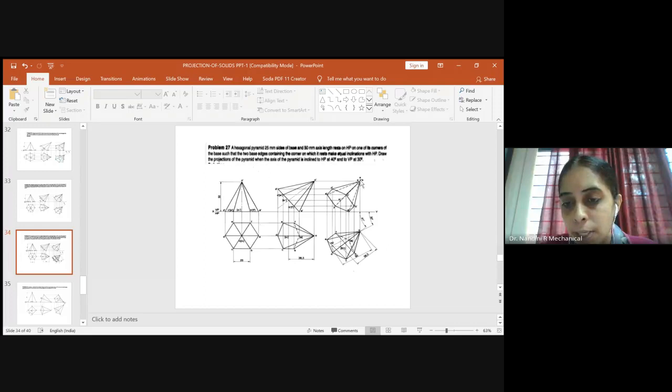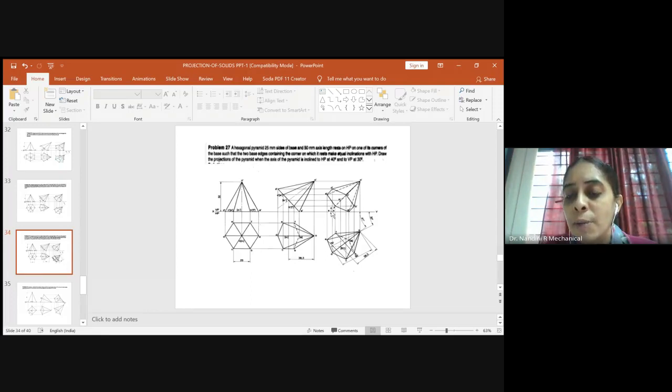It will be visible. Apart from that, we have three corners through which the projections are passing through inside the surface. So those projections will be hidden. So these are the longer edges E dash and O dash which is passing through inside the surface and hence it is hidden. And again A dash to O dash, it is passing through inside the bottom surface and hence it is hidden.